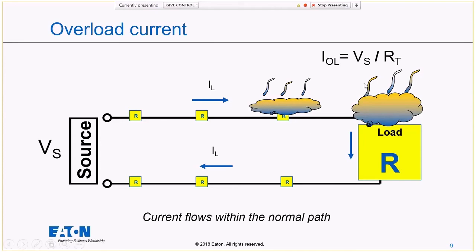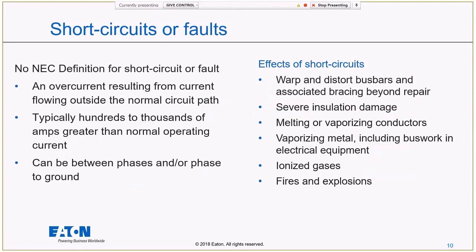That is as opposed to a short circuit or a fault. A short circuit and a fault are interchangeable words. For our purposes, the NEC, starting in the 2020 version, has standardized on using the word fault and fault current. They say that a fault current is what you get during a short circuit.